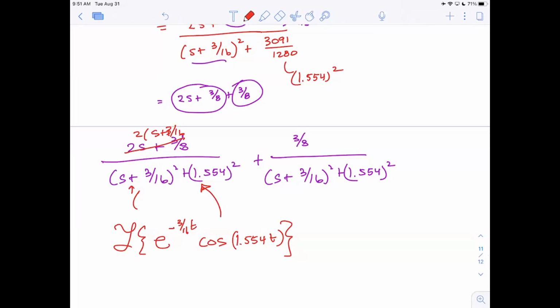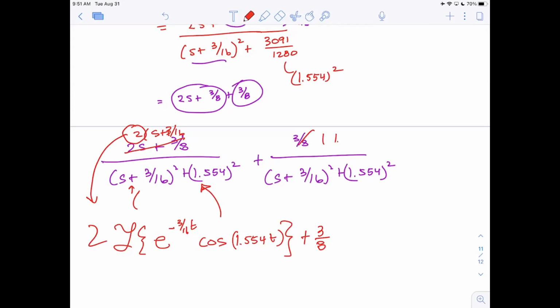The other one is problematic because I really needed a 1.554 up there. And unfortunately, I've got a 3/8. And by the way, this 2 that I factored out still has to be over here. Well, for the second one, couldn't I do the exact same thing? In other words, pull a 3/8 out front, because that's not really what I wish was up there. So great, now there's a 1 up there. But I really want a 1.554 up there.